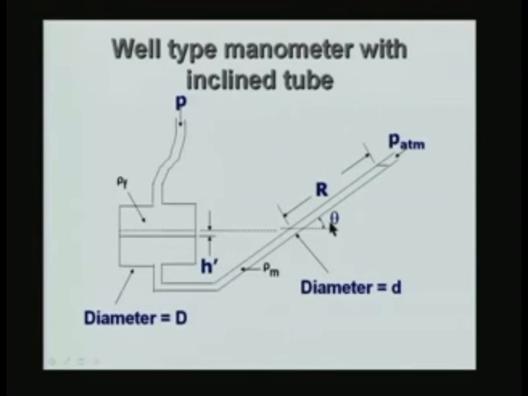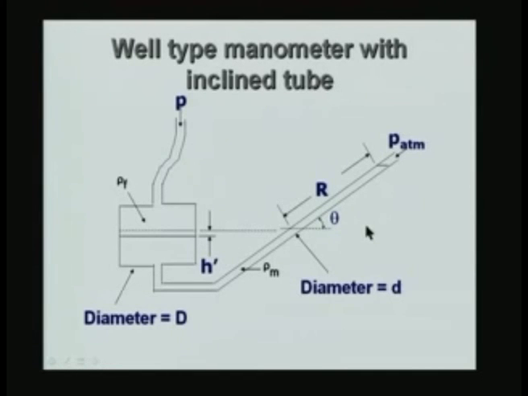So, what is the advantage of this? For a given height of liquid, I am talking about the manometer height h, h will be the vertical component of this travel. What you are going to measure in this case is r, but r is not the actual manometer head. Manometer head is r sin theta.